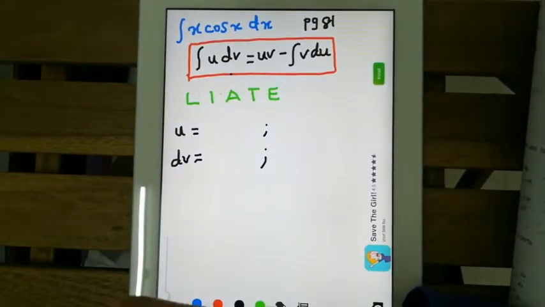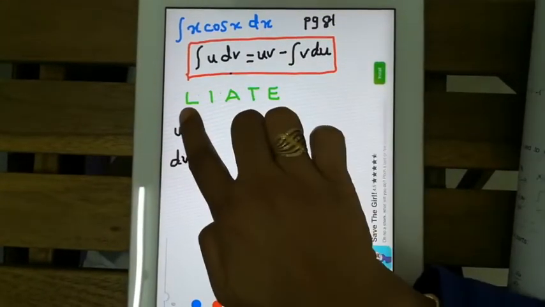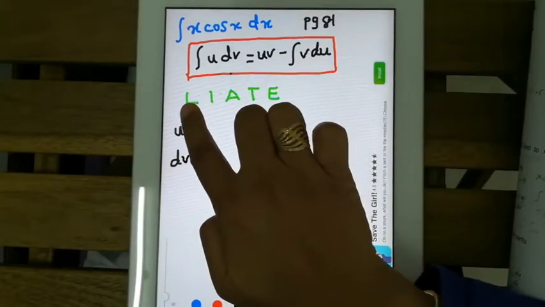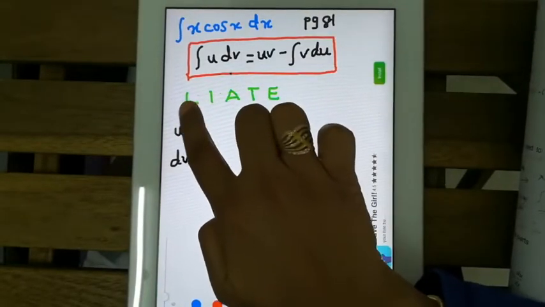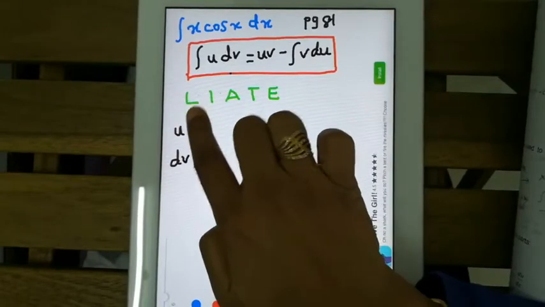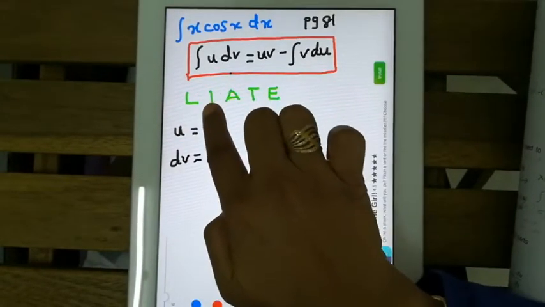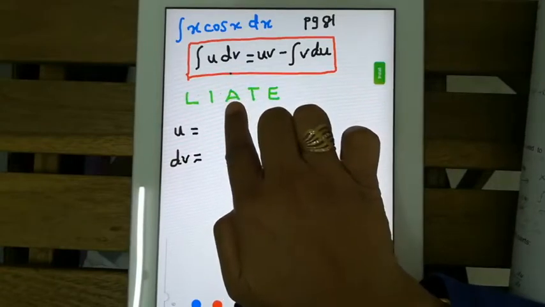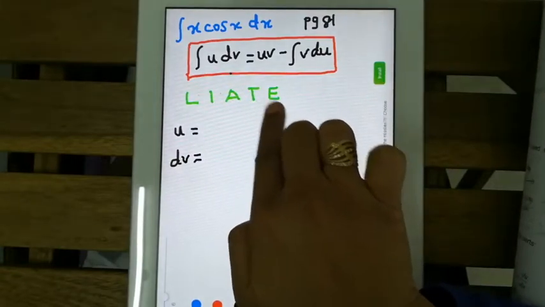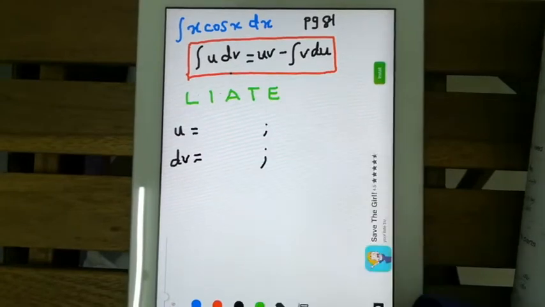Now you need to remember the LIATE formula. Whoever comes first in this order should be picked to be u. So we have ln or log, inverse trigo, algebra, trigonometry, and exponential.